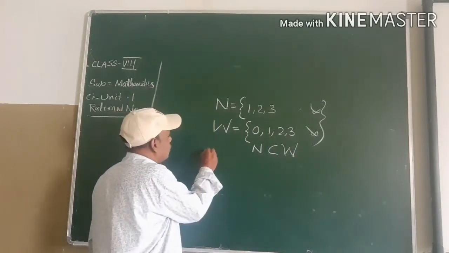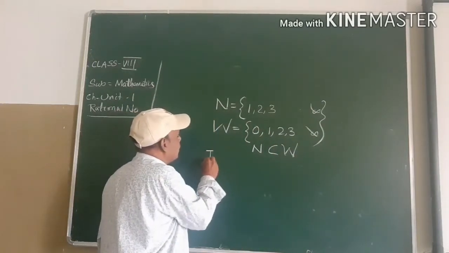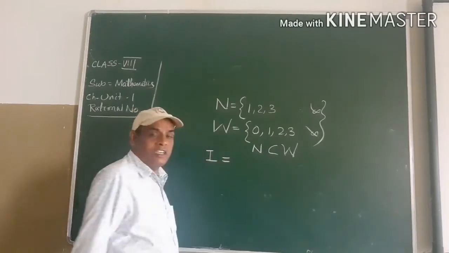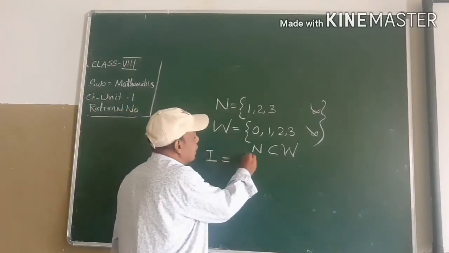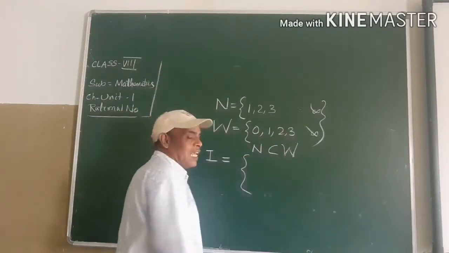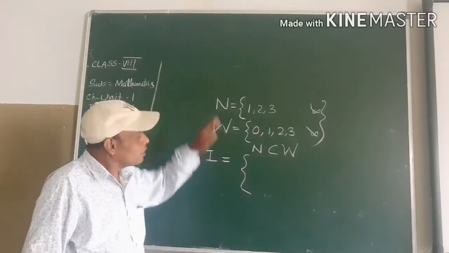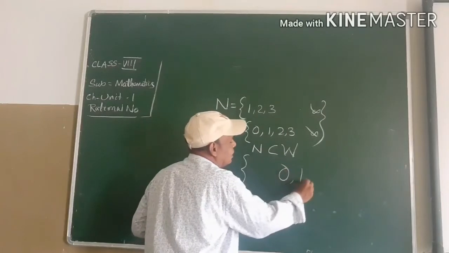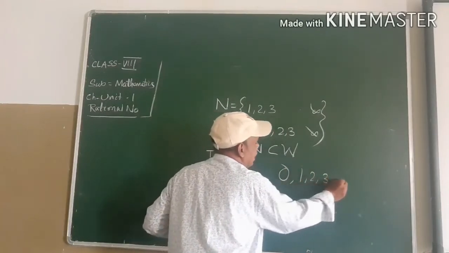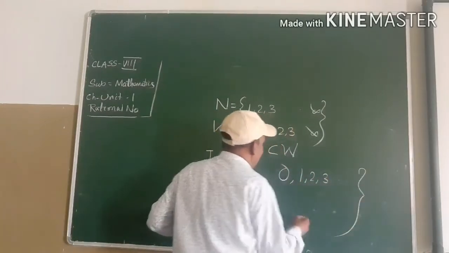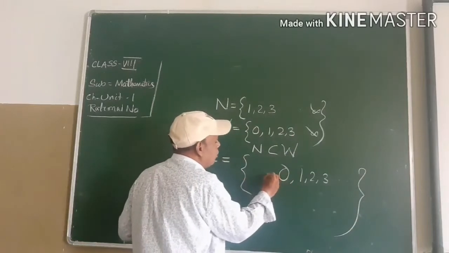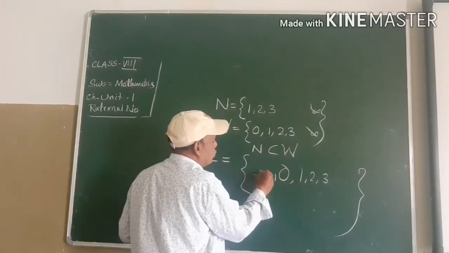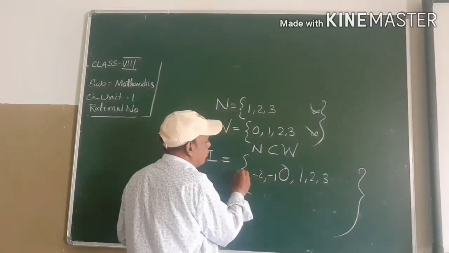Now you know about the set of integers. Integers contain all the elements of whole numbers. It means 0 is present, and on the right side 1, 2, 3 and so on are also present, and on the left side of 0 there are -1, -2, up to infinity.